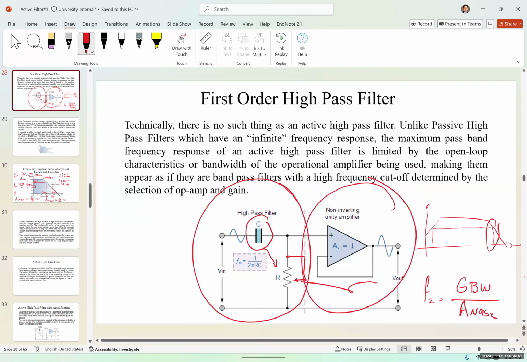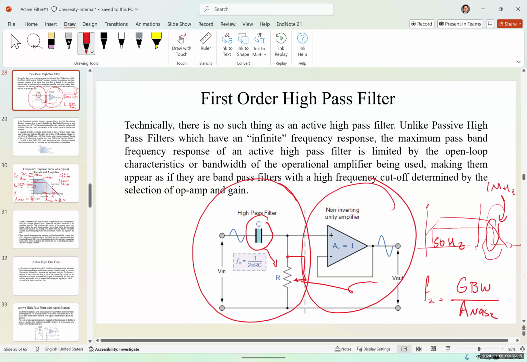So what should we do if we want to design a high pass filter? First, we have to pick an op amp that has a pretty high upper cutoff frequency. So if you want to design a high pass filter that filters everything above 50 hertz, if the upper cutoff frequency of that op amp is 1 megahertz, for example, the frequency would never reach 1 megahertz.